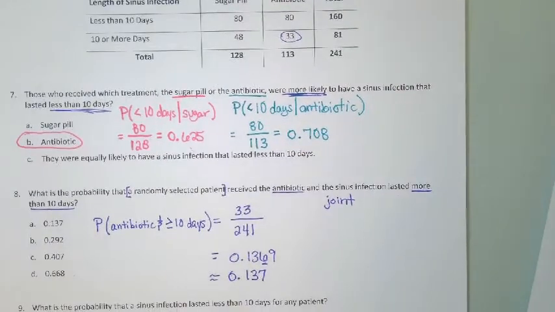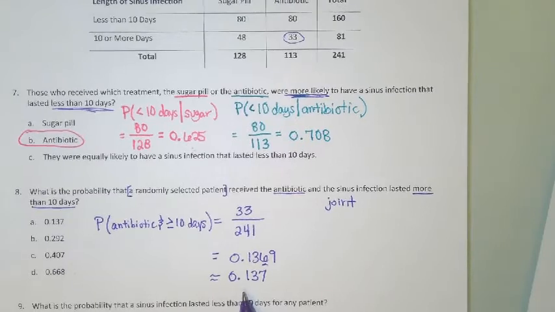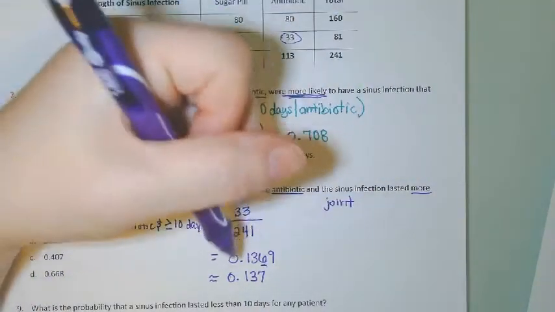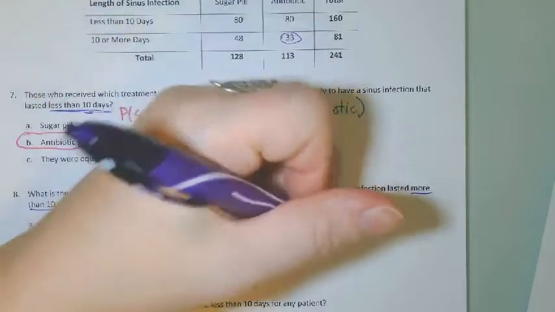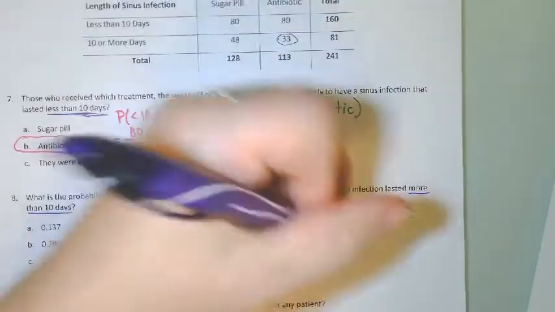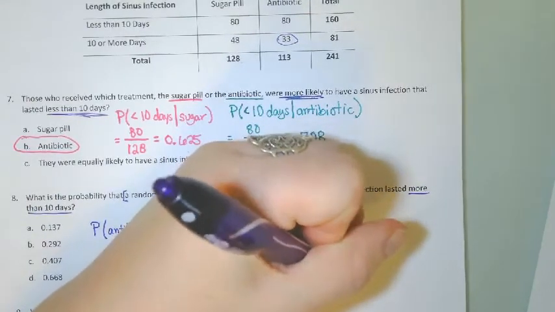So in this case, the probability that a randomly selected patient received an antibiotic and had a sinus infection lasting 10 or more days would be 0.137, which again would represent the same thing as 13.7%.